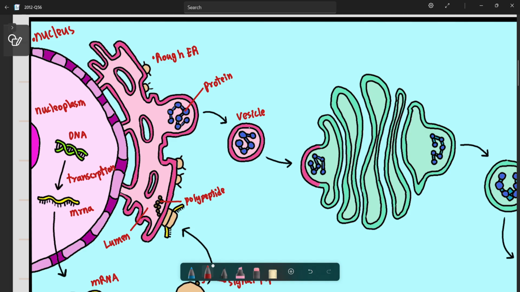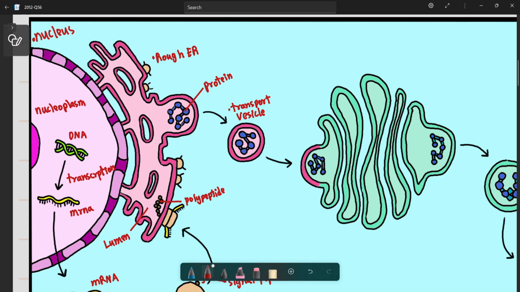This surrounds the protein so that it can transport the protein. More specifically, this is a transport vesicle. This transport vesicle buds off, but this process is known as exocytosis.